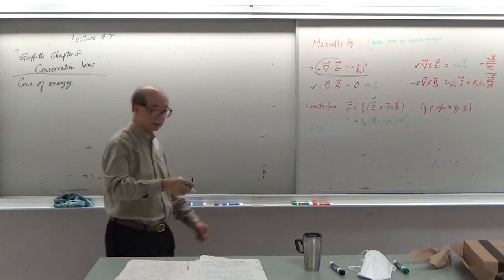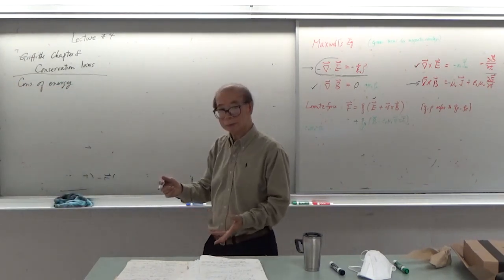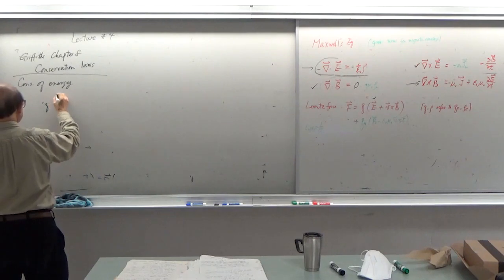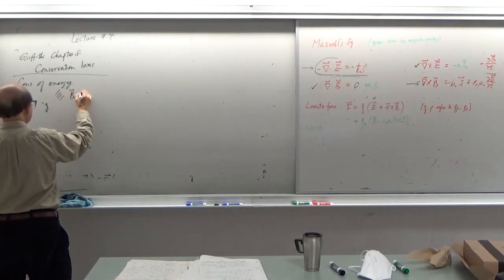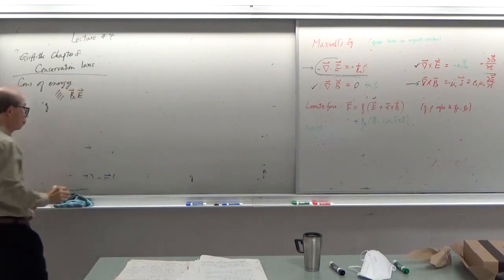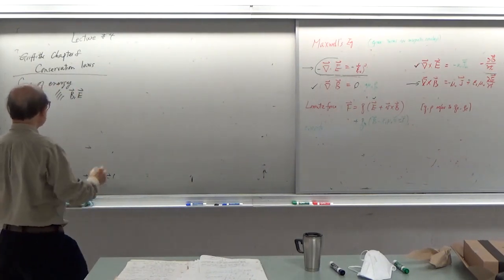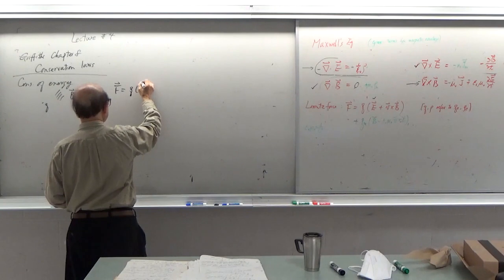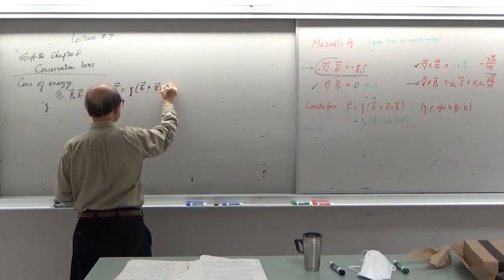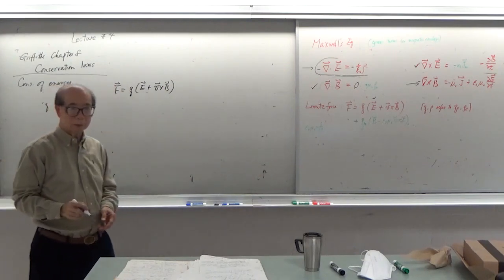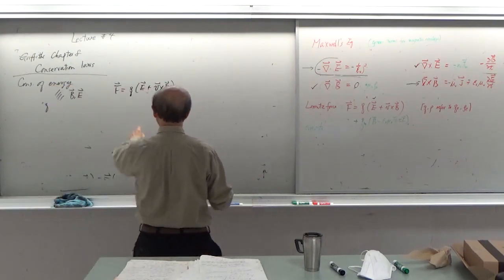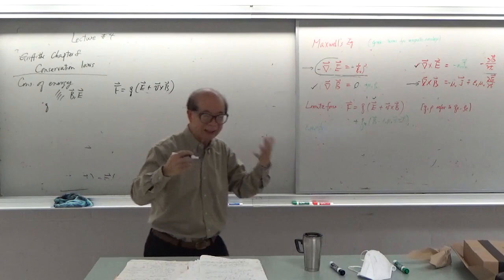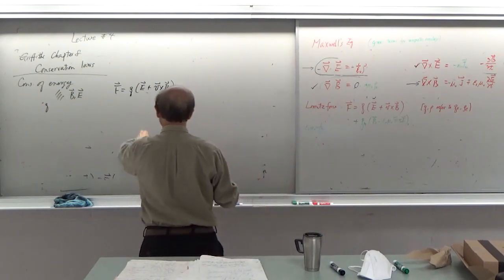For a system consisting of a particle and fields E and B. So for a particle, Q, in the presence of E and B, the Lorentz force law says that it's Q times E plus v cross B. However, I'm going to suppress the subscript E, Q sub E, since Q refers to the electric part, not the magnetic part.